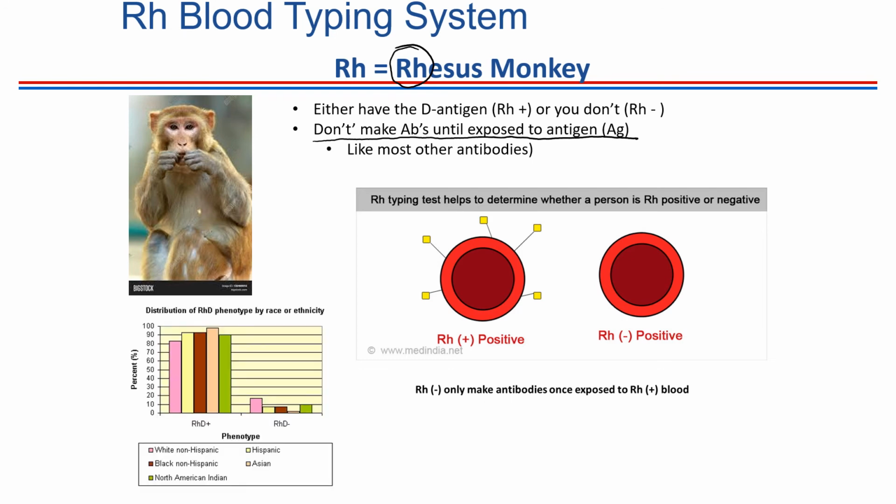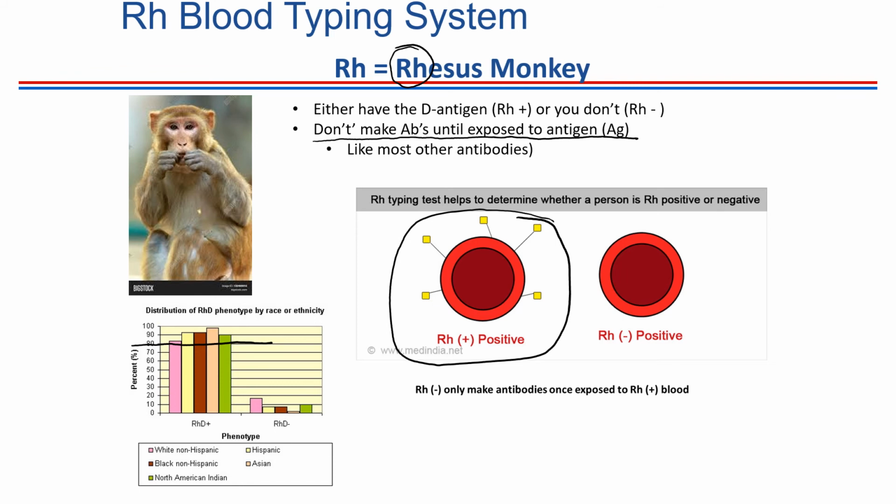Now, what's kind of interesting is that most people are Rh positive. If we look on this little chart here, it kind of breaks it down. The phenotype means what's actually expressed by different ethnicities. And you can see that for the most part, most people have an 80% chance or more of being Rh positive.